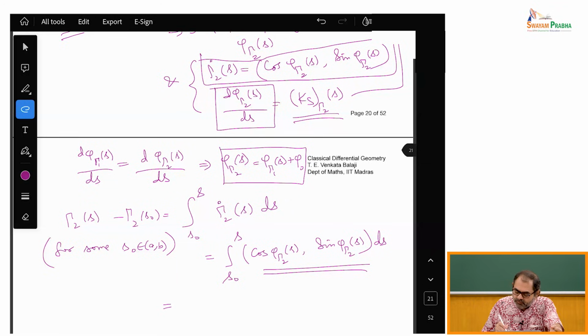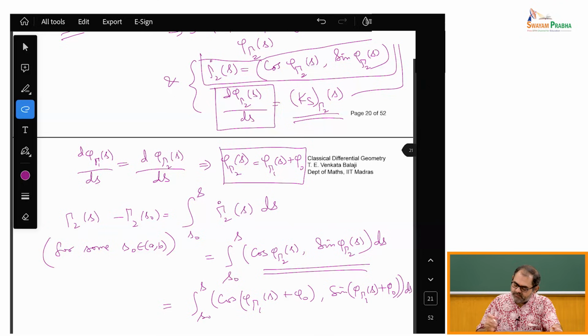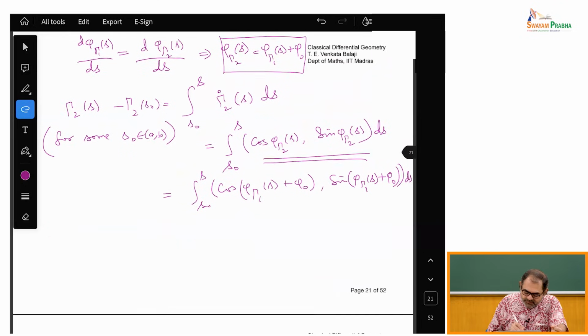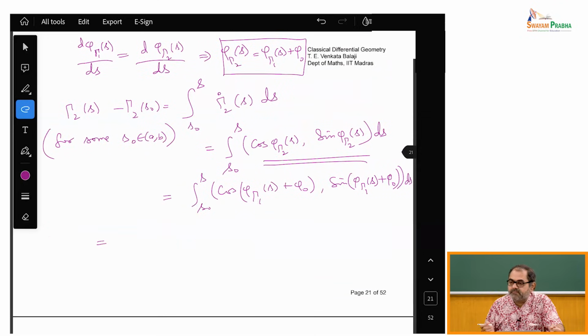All right, so if you plug in that, you will get the integral from s naught to s of (cos of phi gamma 1 of s plus phi naught, sine of phi gamma 1 of s plus phi naught) ds. Okay, and what is this? You use the cosine of sum of angles formula. So this is going to be the integral from s naught to s.